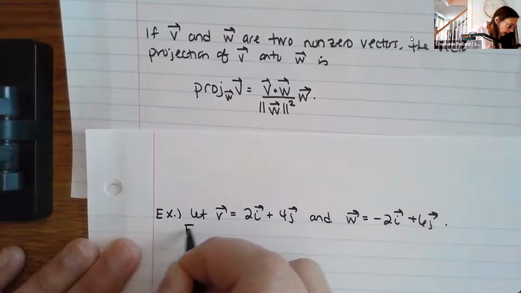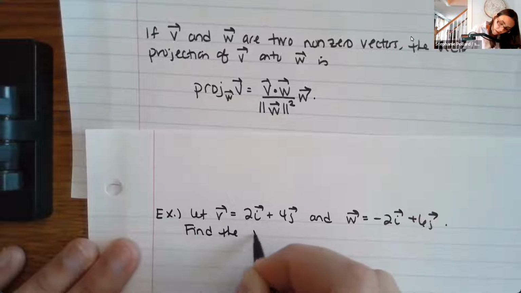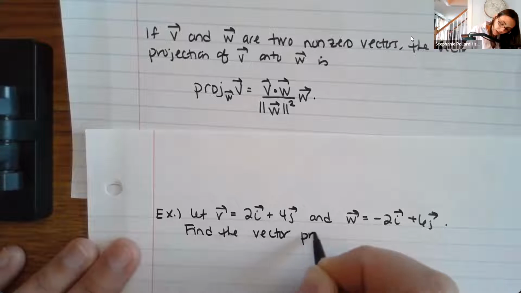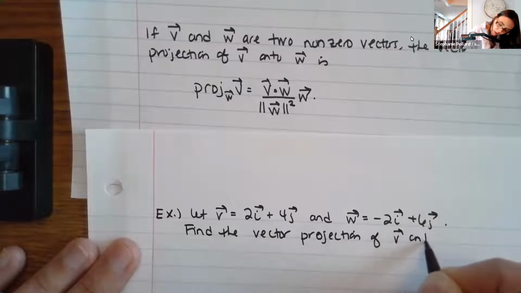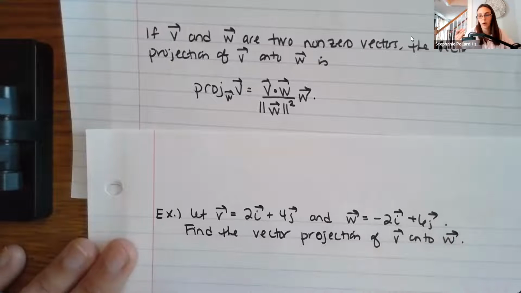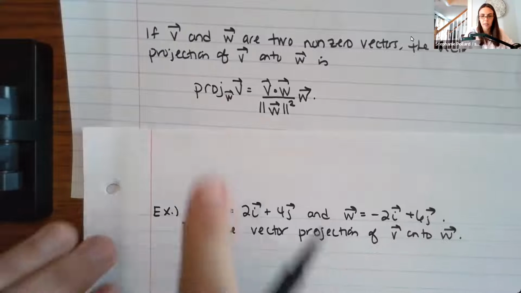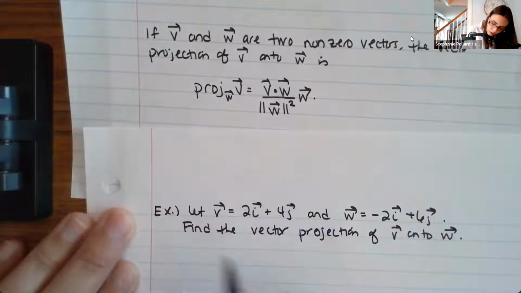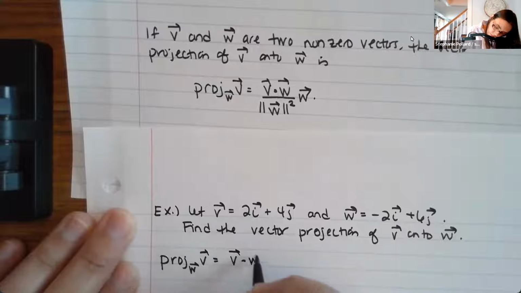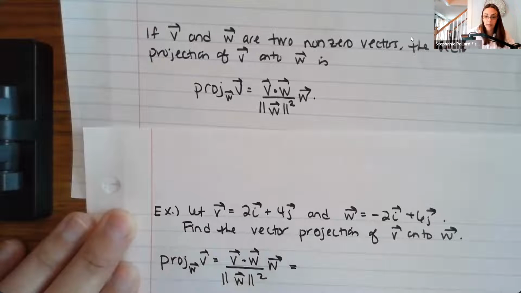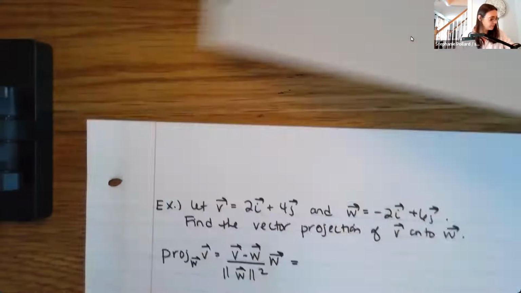We're going to find the vector projection of V onto W. It is important to know what's getting projected where, so we're doing V onto W because the ordering is important here. Our formula is going to be as follows. Let me move this out of the way.